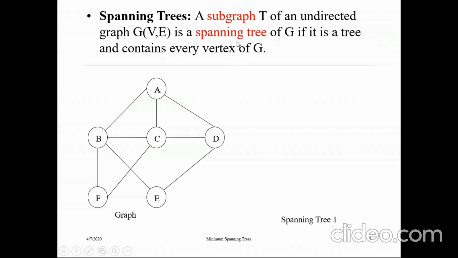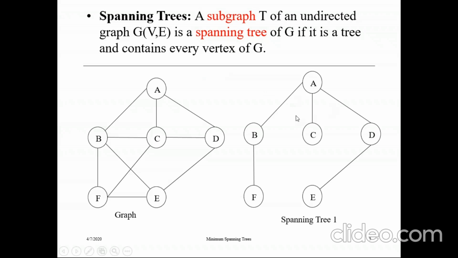Now consider this example where 6 vertices are present, and in total there are 10 edges. So we can form a spanning tree out of this particular graph. The first spanning tree we have formed here consists of all 6 vertices, but the edges have been reduced to 5 edges.